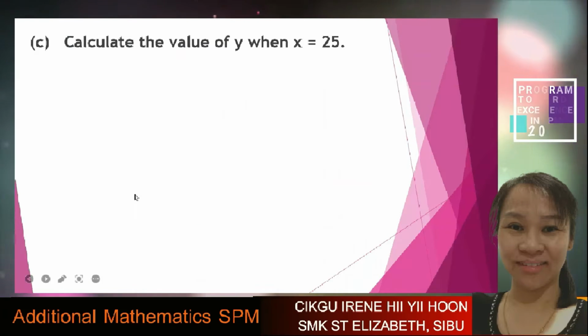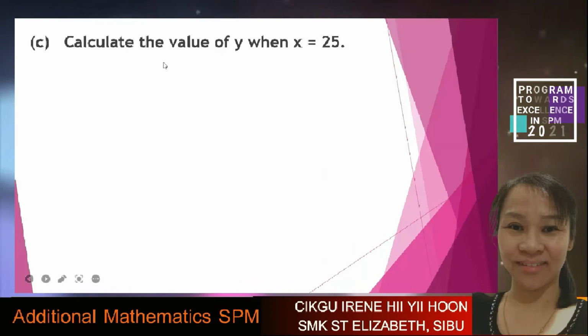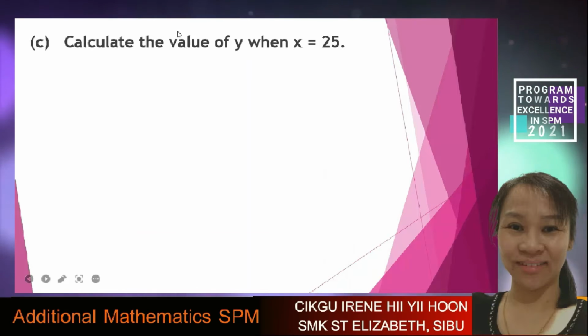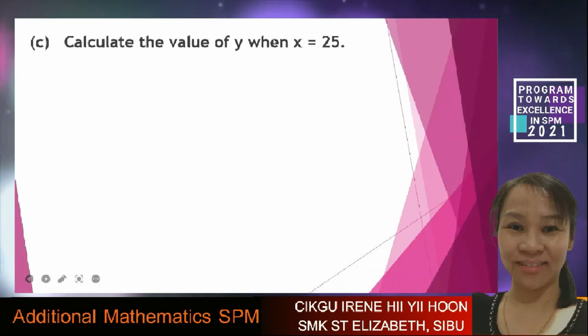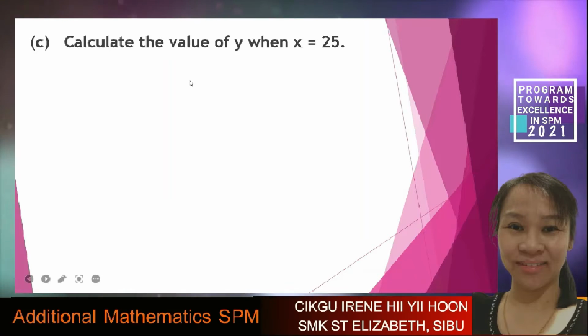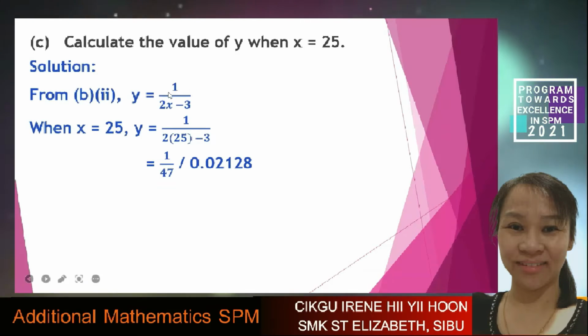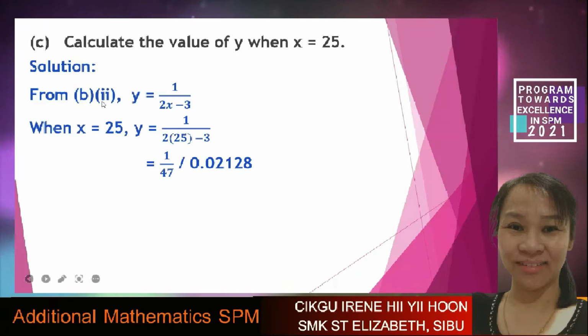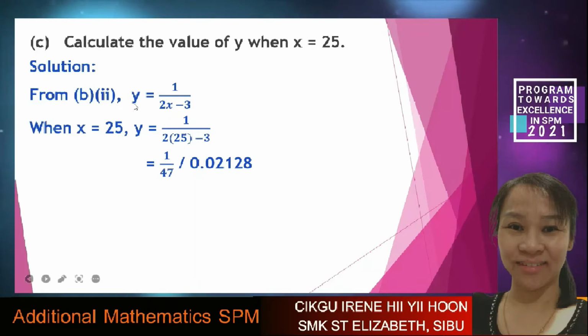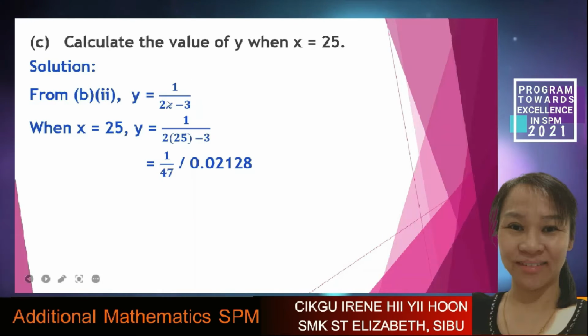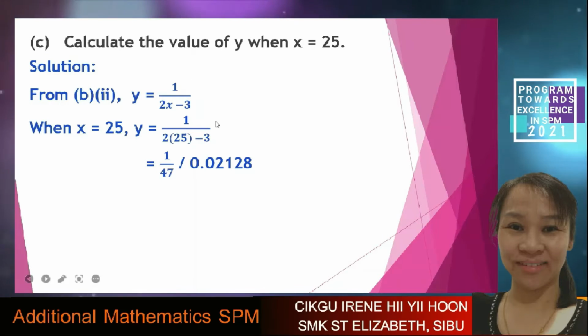Let's look at question number C. Calculate the value of y when x equals 25. The solution is like this. From B2, we found that y equals 1 over 2x minus 3.